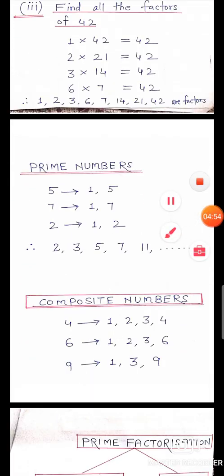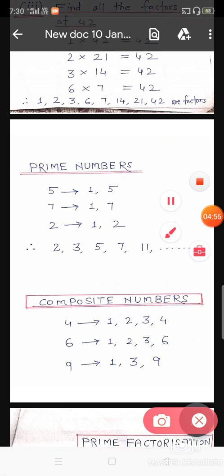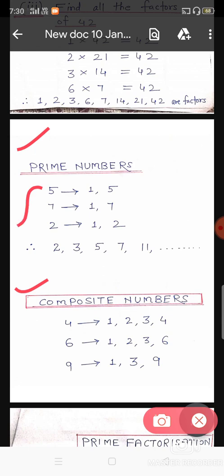What are prime numbers and what are composite numbers? These two are cousins. Yes, prime numbers. What are prime numbers? Numbers which have only two factors are known as prime numbers. Like this: how many factors does 5 have? 1 and 5.